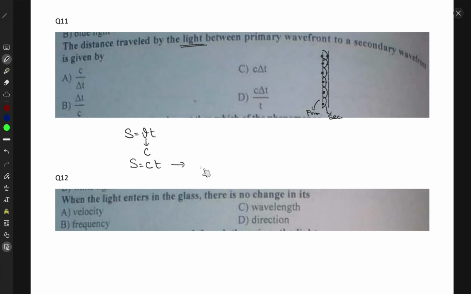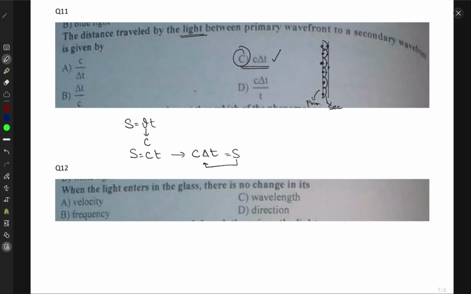So I can say that this is just C delta T, where delta T is the time difference between these two points. Hence, the displacement or the distance is given by S equals C delta T. So the correct option is option C, C times delta T.